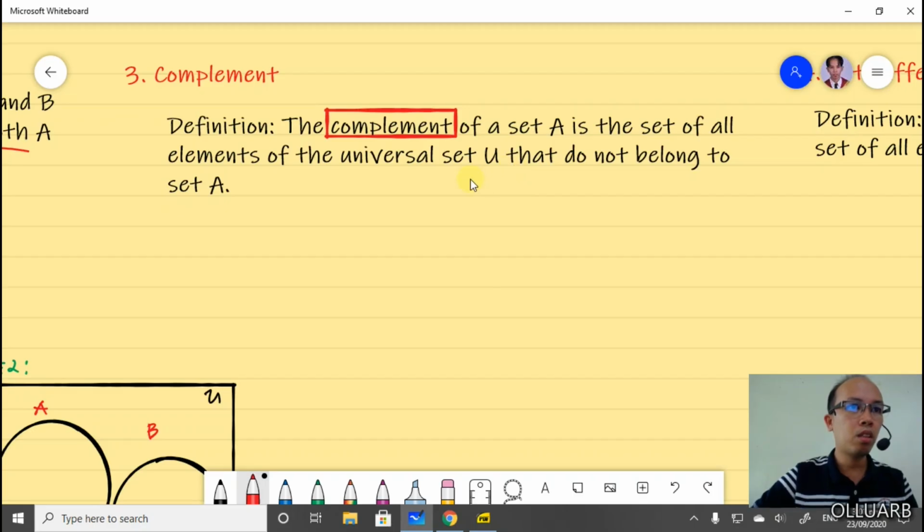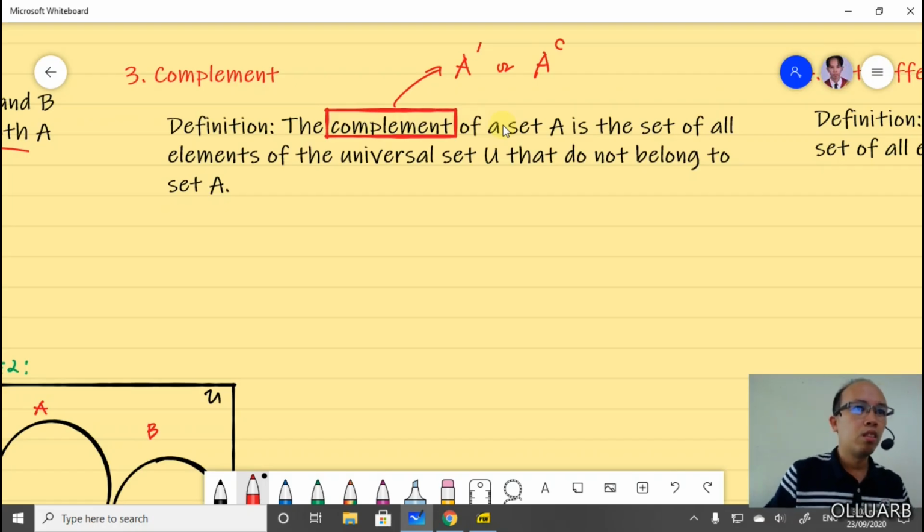Before getting the complement of a set, you must have a universal set. You cannot perform the complement of a set without the universal set. The notation for the complement is denoted as A prime, or some books use A to the C.